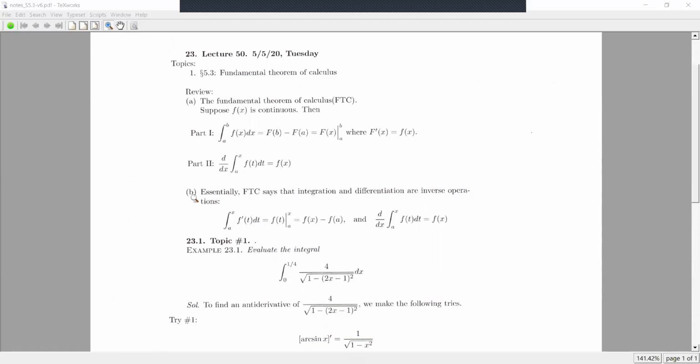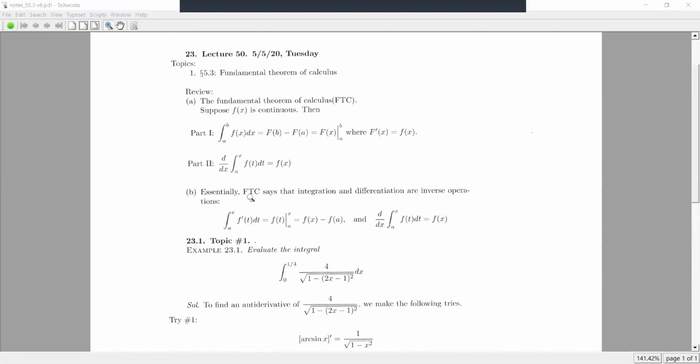Review number 2. Essentially, the fundamental theorem of calculus says that taking an integral and taking a derivative are inverse operations. Just like addition and subtraction are inverse operations, multiplication and division are inverse operations, e to the x and natural log are inverse operations.